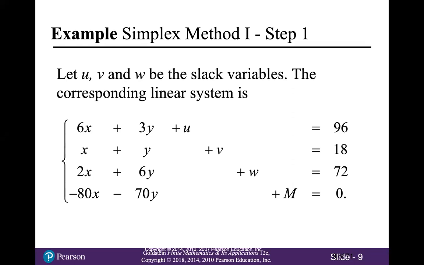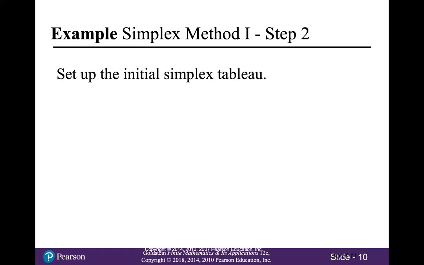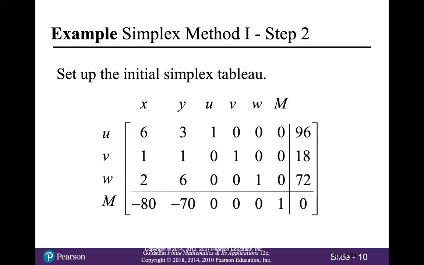And then we get our corresponding linear system, which you see here. Okay, and then we set up the initial simplex tableau, which looks like this. Now at this point, I am going to switch over to my tablet to complete the problem.